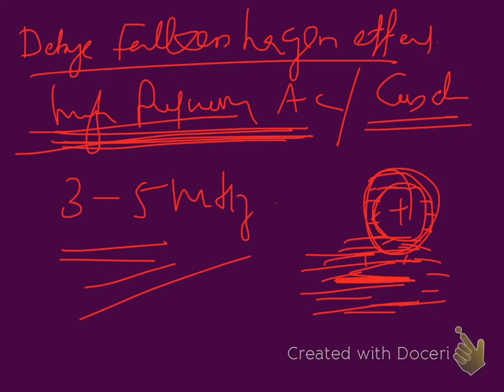So in exams you may be asked for the Wien effect and the Debye Falkenhagen effect. The Wien effect actually represents the influence of high electric potential on the conductance of solutions, and the Debye Falkenhagen effect gives the influence of high frequency AC on the conductance of solution.